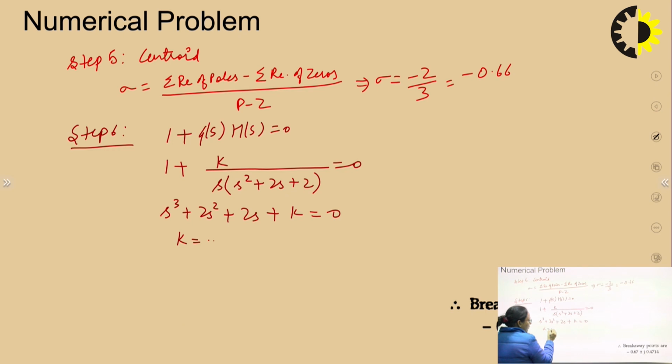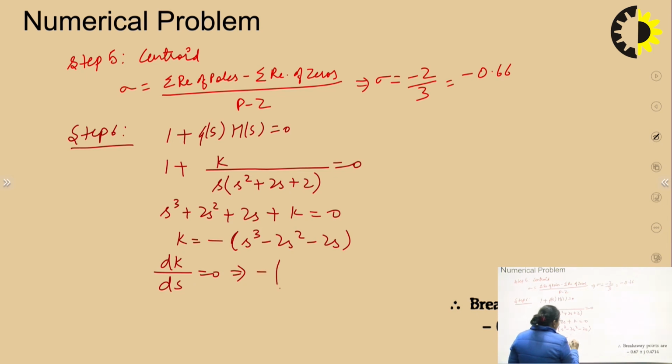Now we have to get this equation in terms of K, which will be equal to minus of s cube minus 2s square minus 2s. To find the breakaway point, we go for dK/ds equals 0. So this will give us minus of 3s square minus 4s minus 2 equals 0.